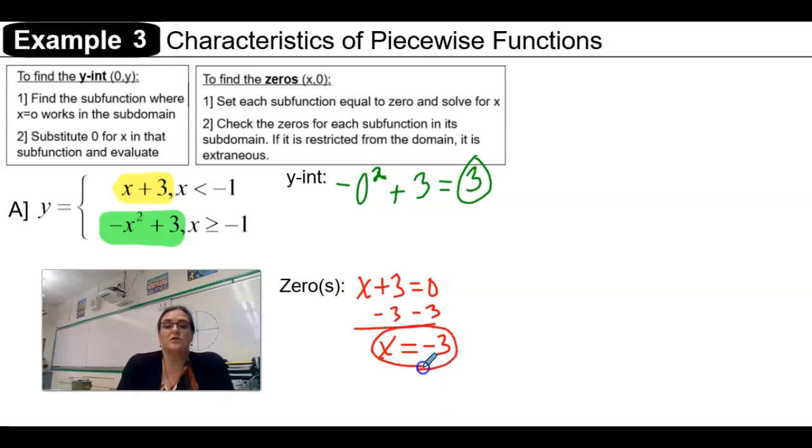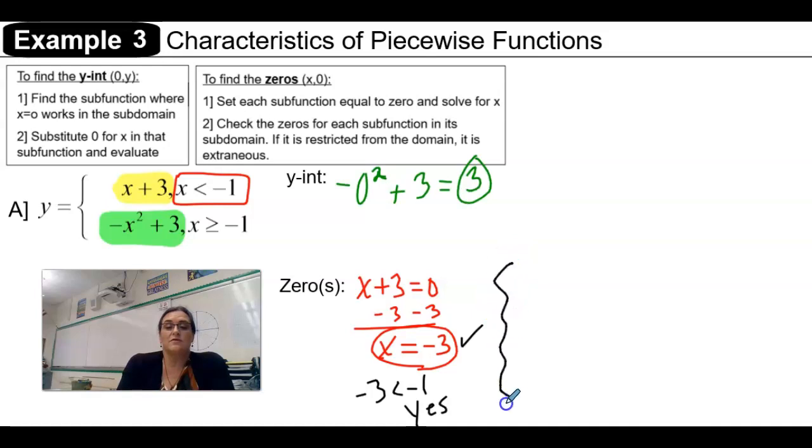Now I want to check that against the subdomain for that linear subfunction. So I'm putting this -3 in for x. Is -3 less than -1? That's what I'm asking myself. And -3 is less than -1. That's true. So since that's a yes, this x equals -3 is a zero. Okay, so that one checks.